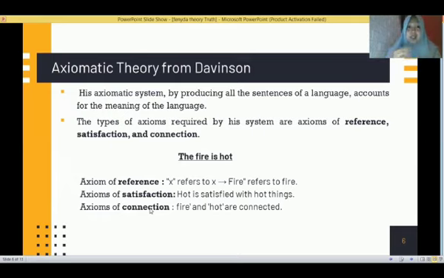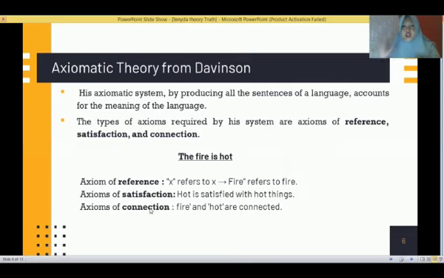Next, the axiomatic theory from Davidson. His axiomatic system produces all the sentences of the language for the meaning of the language. The types of axioms required by the system are axioms of reference, satisfaction and connection. If you want to know the meaning of a sentence, you have to know the axioms of reference first.